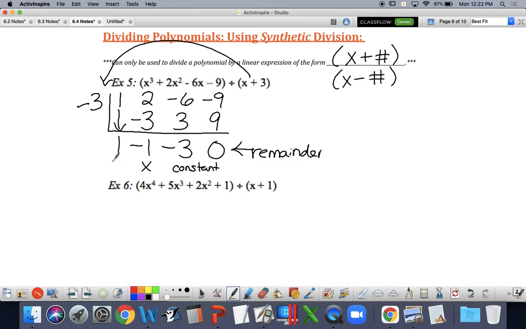The next placeholder up, that's your x squareds, and we can keep going up because we've lined these up in order from our biggest exponent down. This is now just one less exponent. So when I divide this polynomial by this polynomial, my solution, or my answer, is x squared minus 1x minus 3.